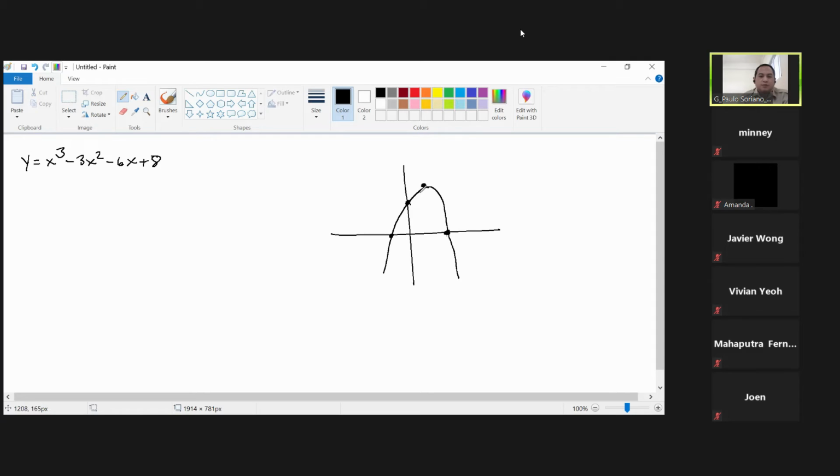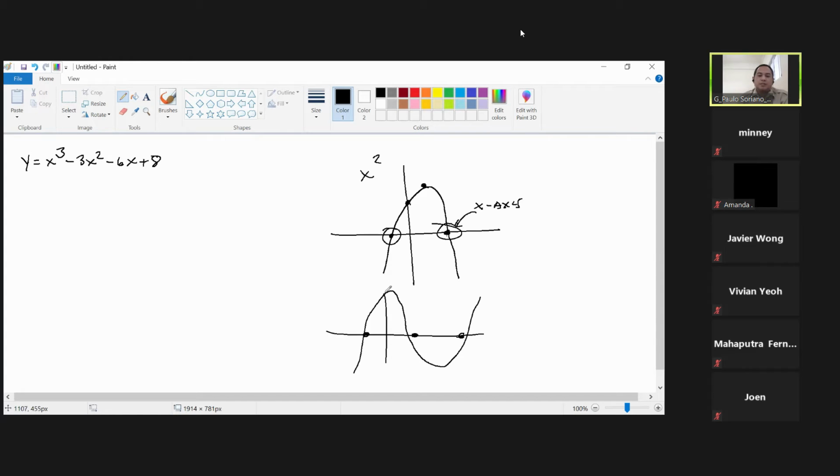The only difference is the number of times that you meet the x-axis is higher. This one is x squared, so it crosses the x-axis 2 times. If you have x cubed, then you expect that the graph touches the x-axis 3 times. It can go up like this, down, and then up, or the other way around, or it can go down, up, down, up.